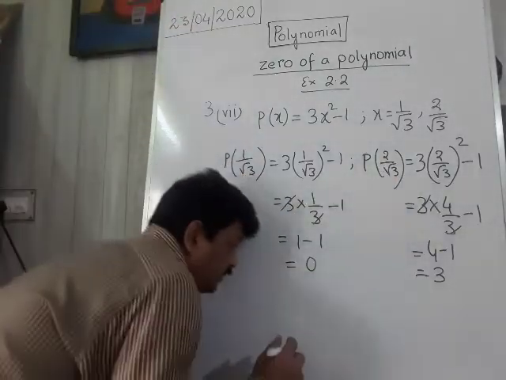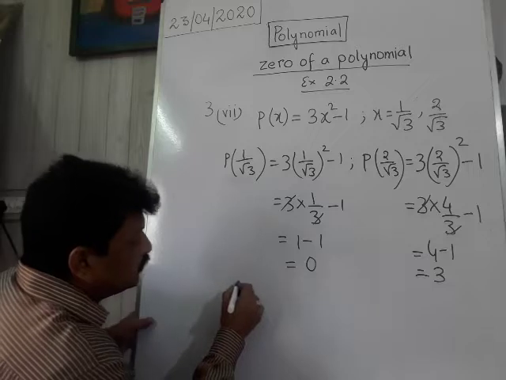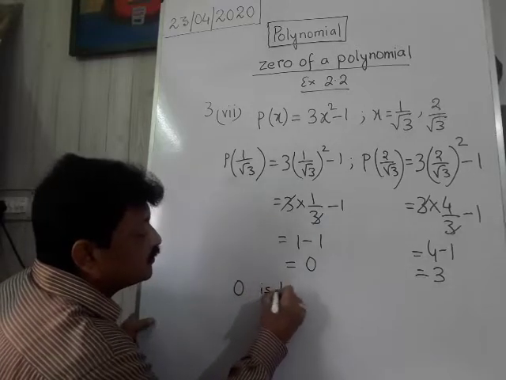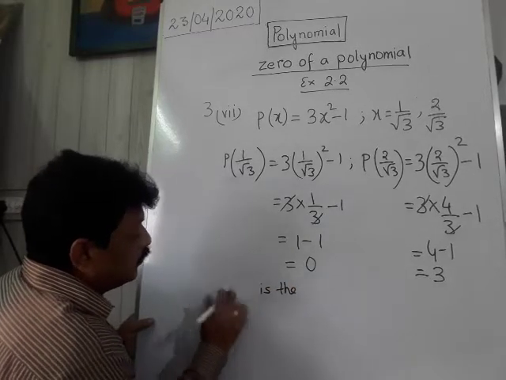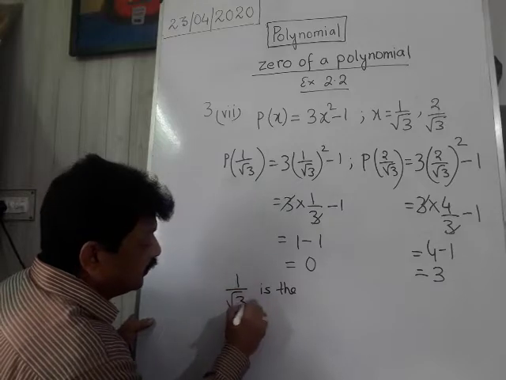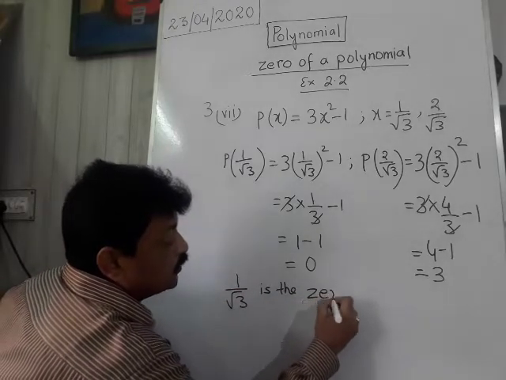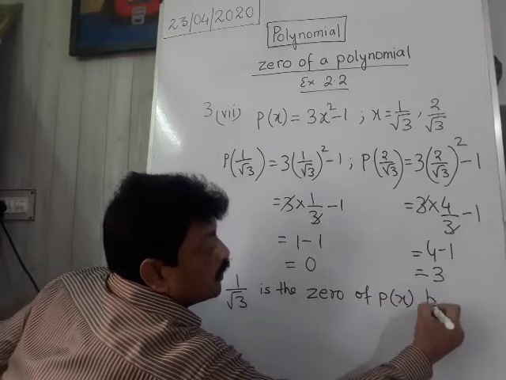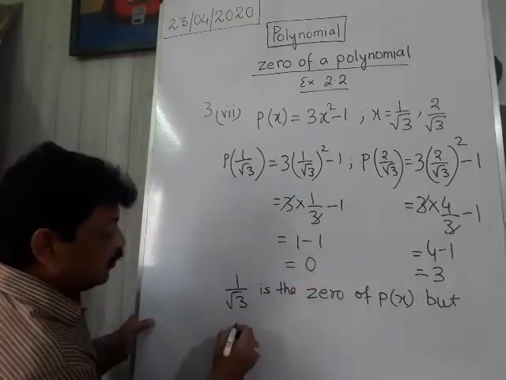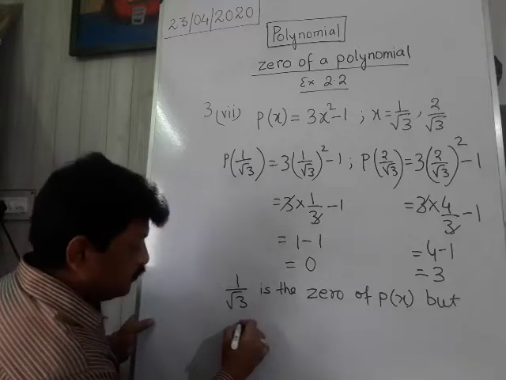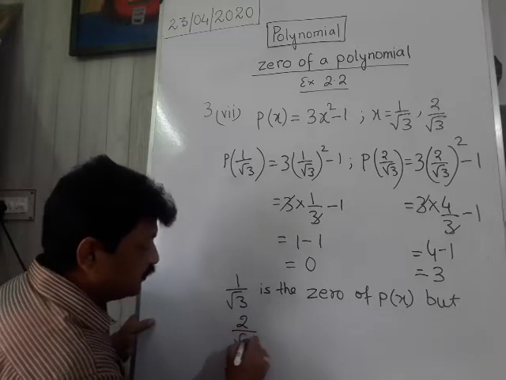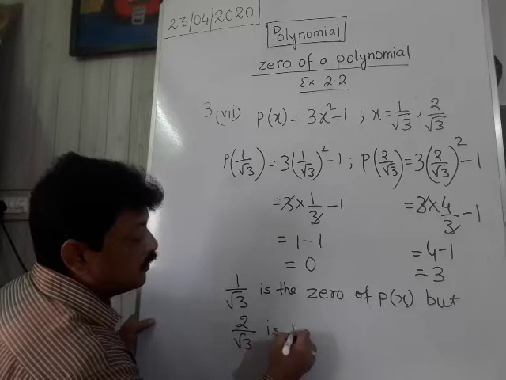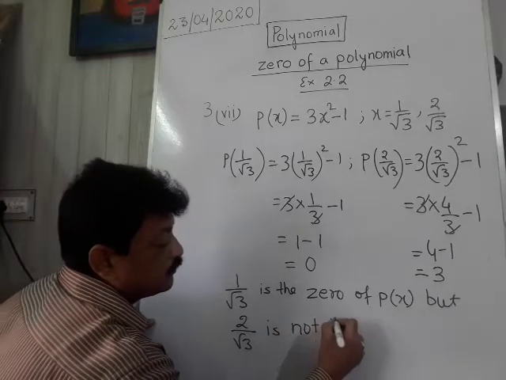So I can say that 1 upon root 3 is a zero of p(x), but 2 upon root 3 is not a zero.